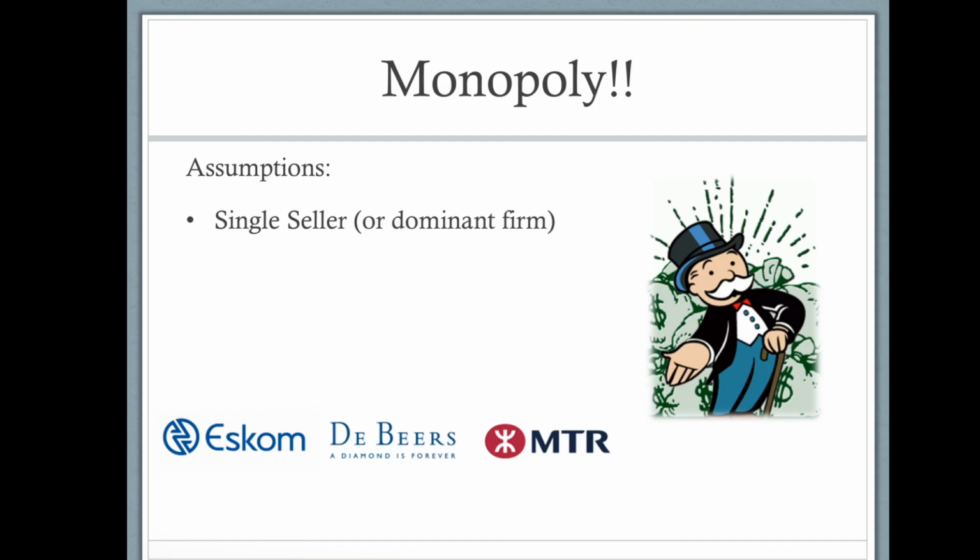So if that's the case, then we would say they are pretty much a dominant firm, right? You have 80% in the entire market. I'm not talking about a regional market, I'm talking about the world market. 80%.